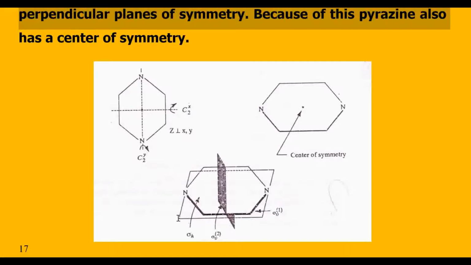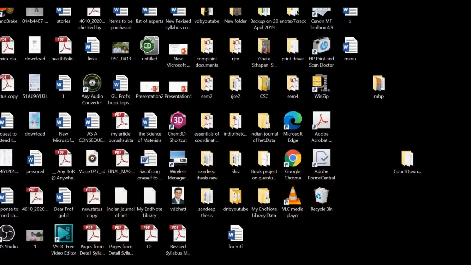And I will show all the planes and axes in this molecule using one more 3D video.